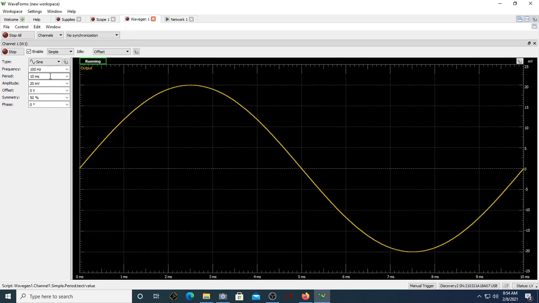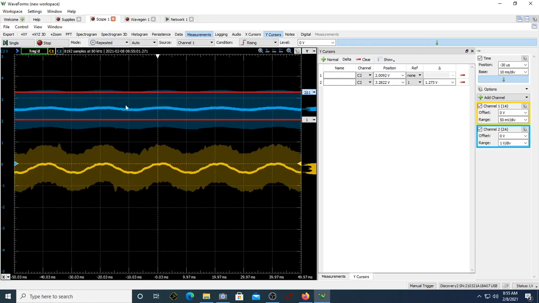You can see if I simply change it to maybe 200 kilohertz, see the time as 5 microsecond period. You can see now you are not properly getting it. So what you can do is make this equal to 5 microsecond.